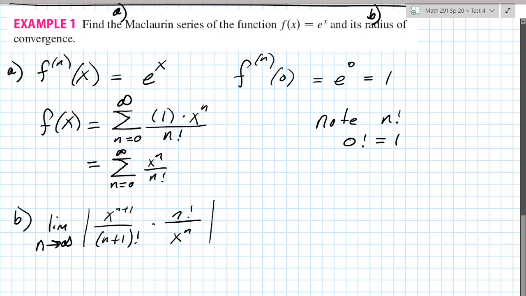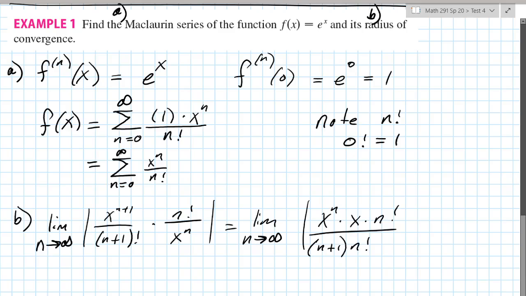I feel like maybe we've done this example before, but we will continue to do what we do and write it as x to the n times x times n factorial over n plus 1 times n factorial times x to the n. The x to the n's cancel, the n factorials cancel, and we're left with x divided by n plus 1, which we know that limit goes to 0.